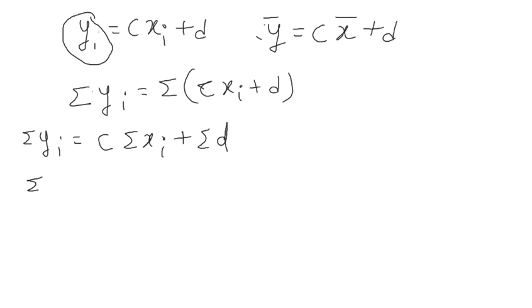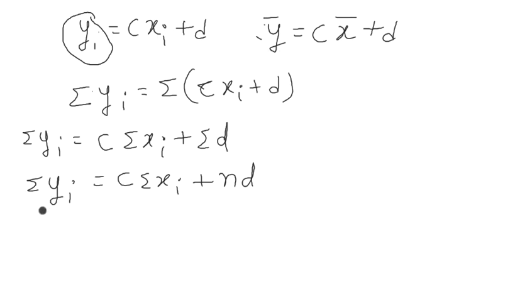So summation of yi is equal to c summation xi plus, d is constant with respect to summation, so I have written nd. Now I need to convert this summation yi into y bar. So what will I do?